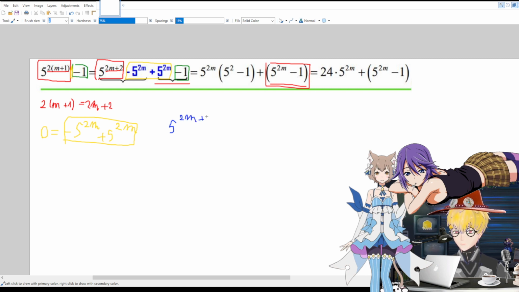2m plus 2. So we can simplify this, or not simplify, I do not remember the specific terms. So this is the power, so this is how many times the number is multiplied by itself. So it would be 5 to the 2m times 5 to the power of 2.